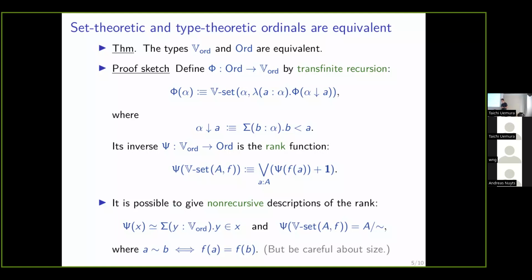Because the elements, you can always sort of drag them back up to the top level, which is why you can get away with just taking some quotient of A here. You don't need the full structure of F. Although then you have to identify A and B if their images are equal. Anyway, just to show that you can have these non-recursive descriptions. So these are the two maps.